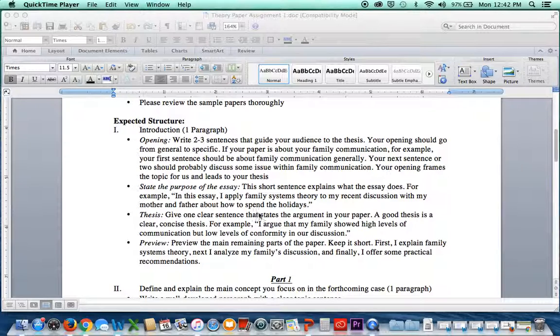It's not about what this theory means in general. You're not trying to prove anything. You're just trying to show what was happening in the situation below and use the vocabulary of the concept to explain that. So here, for example, this sample is saying, I argue that my family showed high levels of communication, but low levels of conformity in our discussion. That goes right into the concepts from that chapter on the relationship.